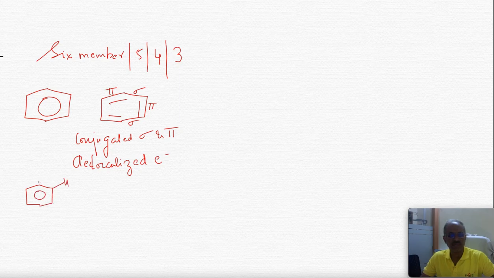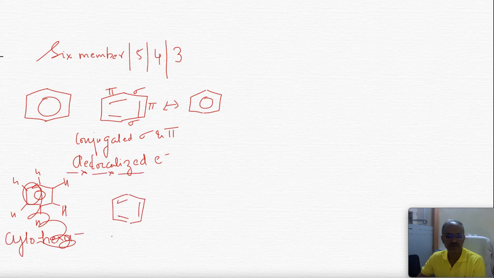Now, for benzene, take for example, this is 1H, this is 1H. Since it has delocalized electrons, the electrons are moving throughout the ring, so it can be represented by this form also, as per IUPAC. So it is cyclohexane 1,3,5-triene, because there are three double bonds.